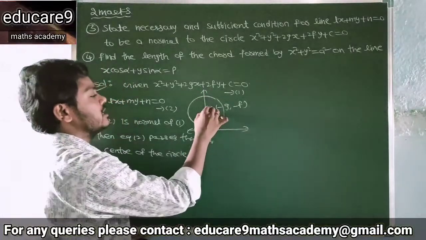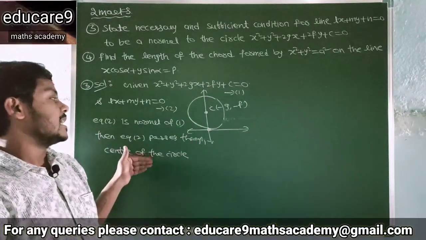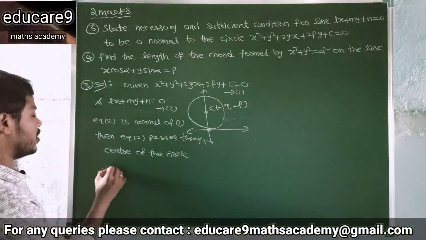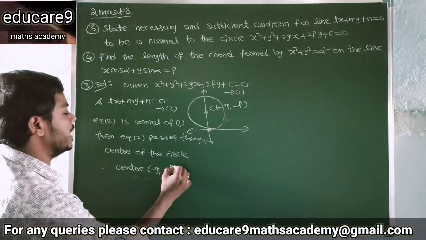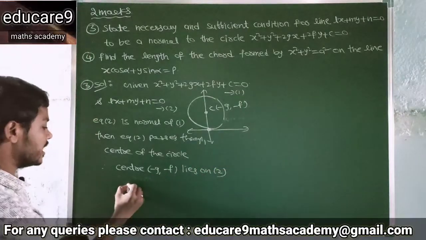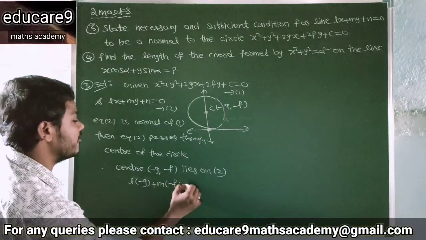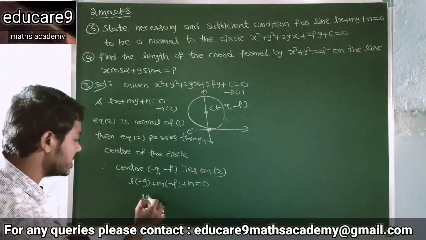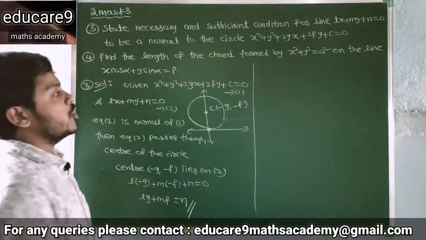Clearly this normal line passes through the center of the circle. Now substitute the center in equation 2. So the center (minus g, minus f) lies on equation 2. So that is l into minus g plus m into minus f plus n is equal to 0. So therefore the required condition is lg plus mf is equal to n. So see the next one.